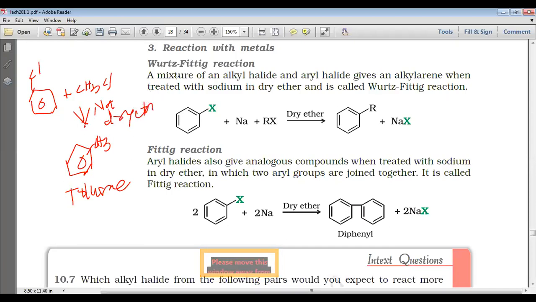The reaction is very similar to the Wurtz reaction, just we call it the Fittig reaction because this aryl halide is added.